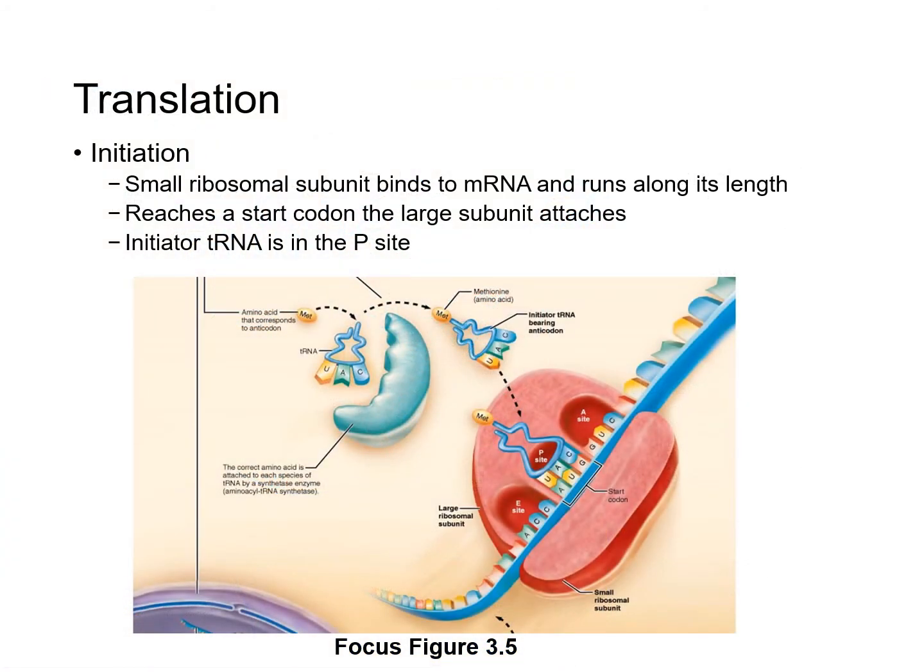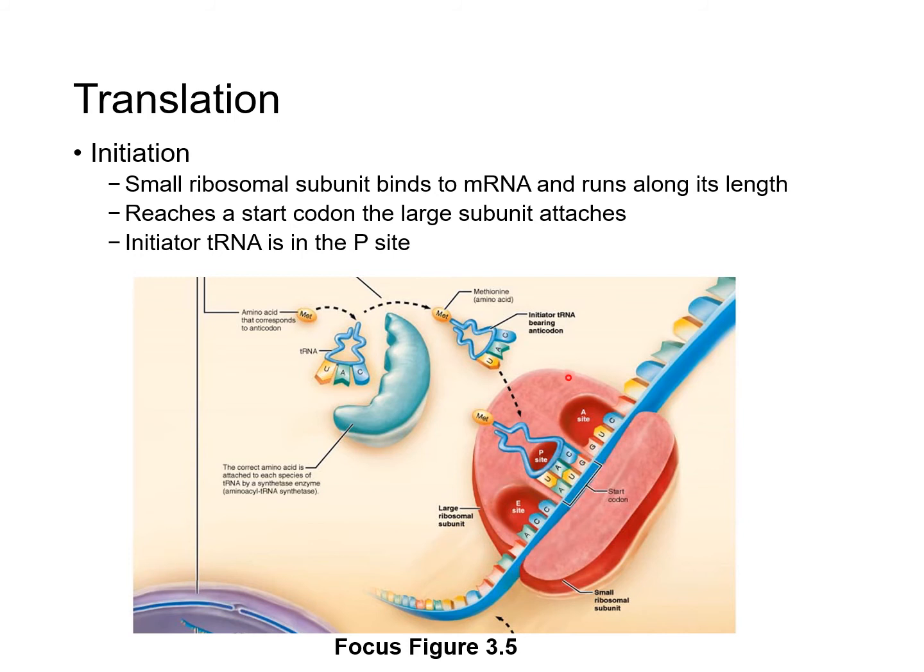Similarly to transcription, translation has 3 events. The first event is initiation, and this is shown after the different pieces have fallen into place. But let me show you what exactly has happened here. Well, the first thing that happened was this small subunit attached to the messenger RNA and started running along until it hit a start codon.